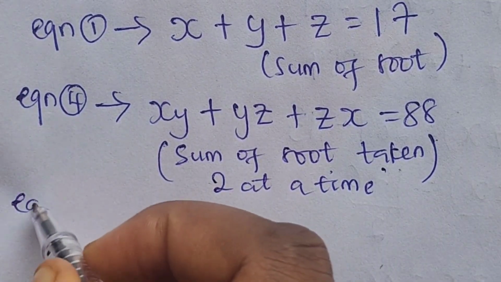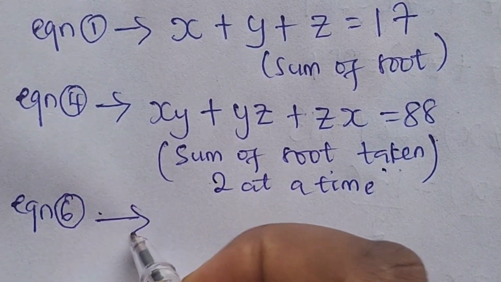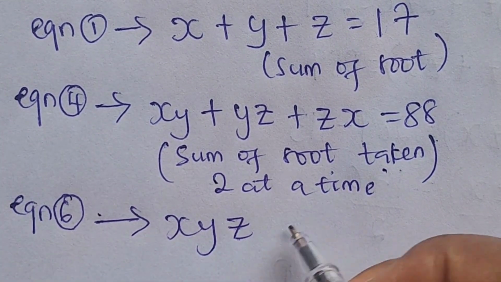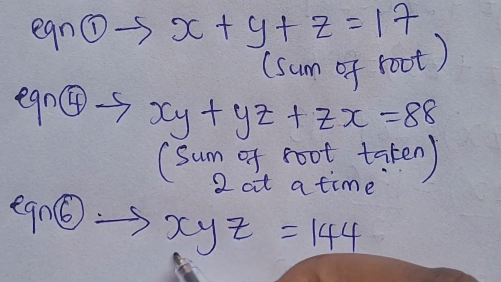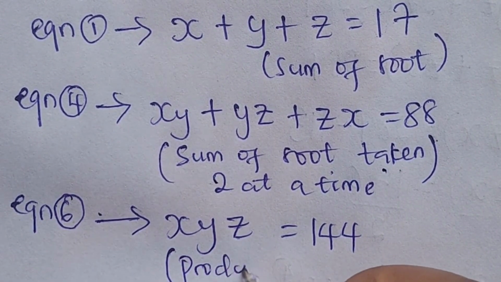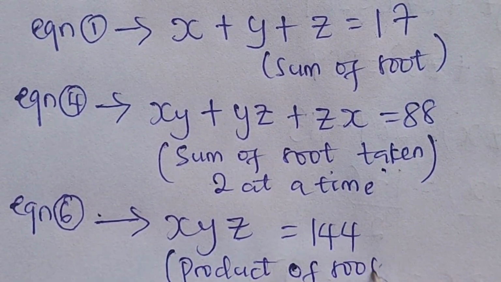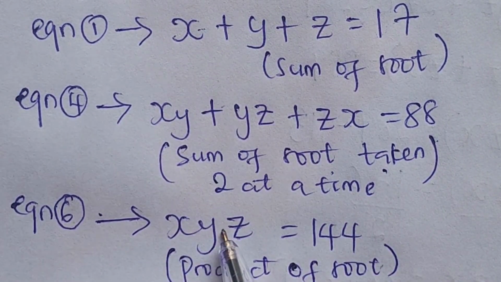And we also have equation 6, where xyz is equal to 144, and this is the product of roots.